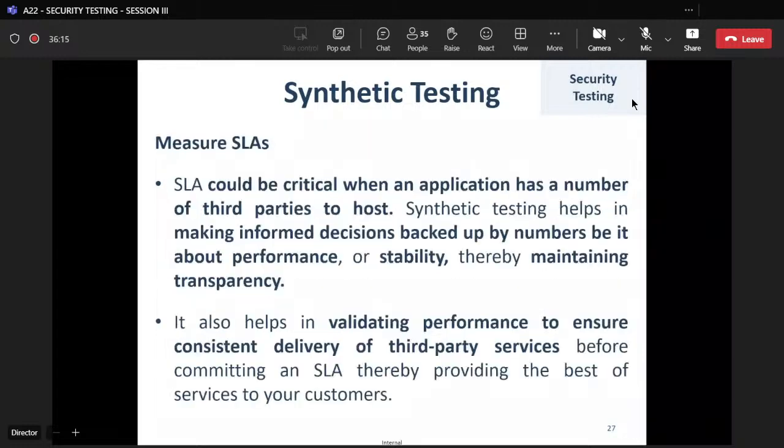And also, like SLAs mentioned here, there are a lot of OLAs also, the operating level agreements, because when you say SLA, it is between the service provider and the client. And in between, you'll be having a lot of internal teams also working towards a service. There come your operating level agreements. For example, you may be having the network team who is responsible to provide the networking requirements for that particular service.